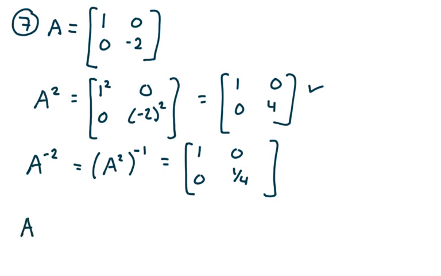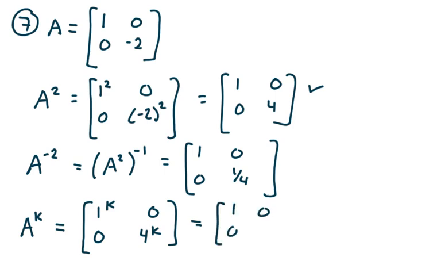And suppose I want A to the k. A to the k is 1 to the k, 0, 0, 4 to the k. So I'm taking every entry along the main diagonal and raising it to the k. And by the way, k is any integer.